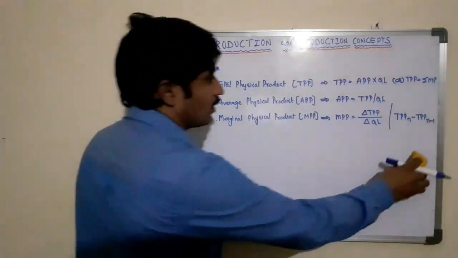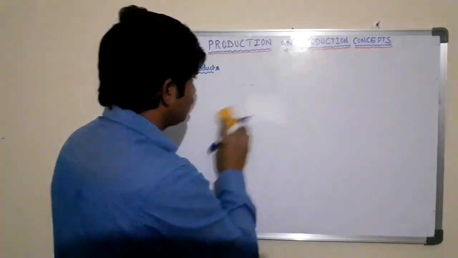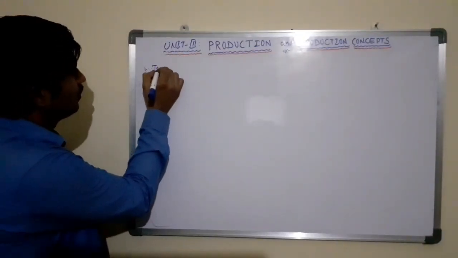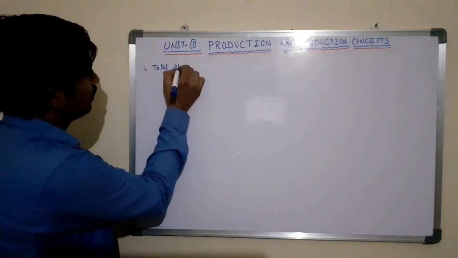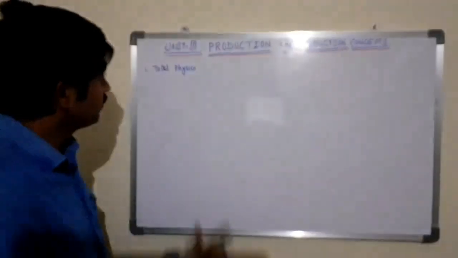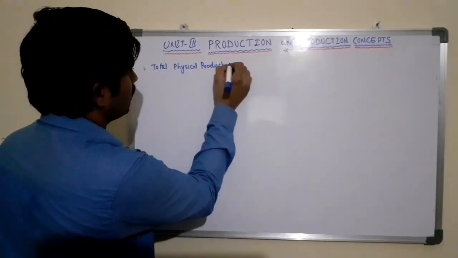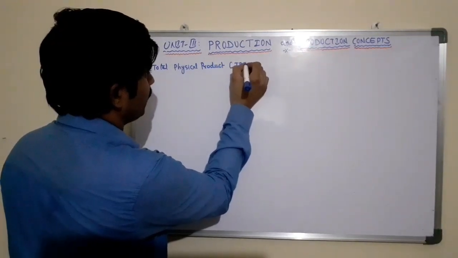The first one is total physical product, denoted by TPP.